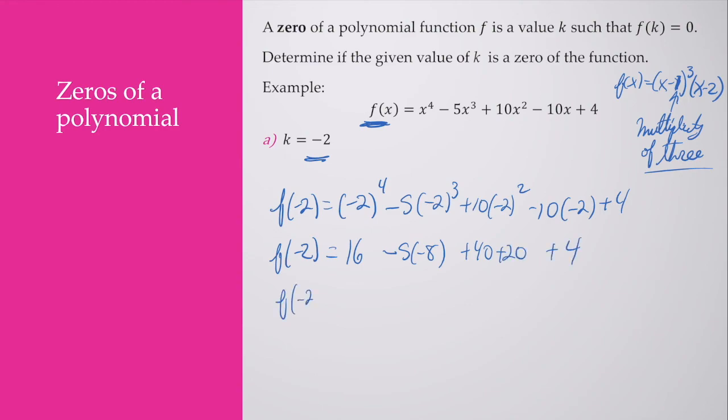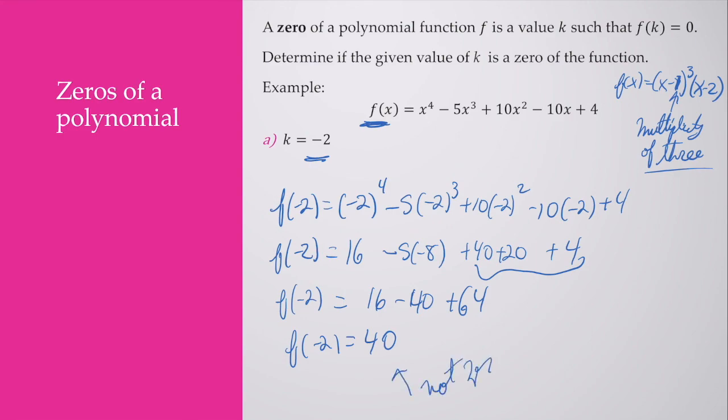So f of negative 2 is 16 plus 40 plus 40 plus 20 plus 4, which means f of negative 2 equals 120, and this is not 0. So negative 2 is not a factor.